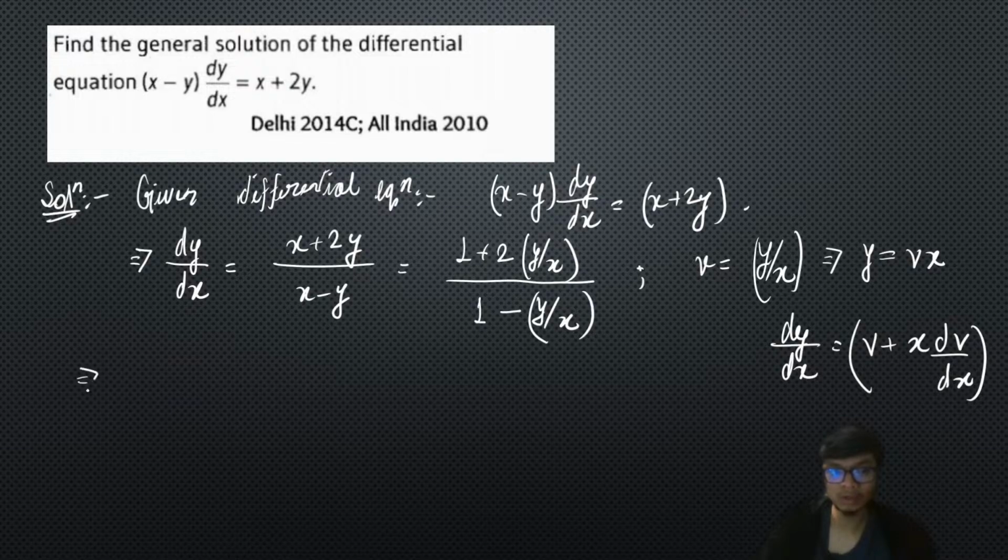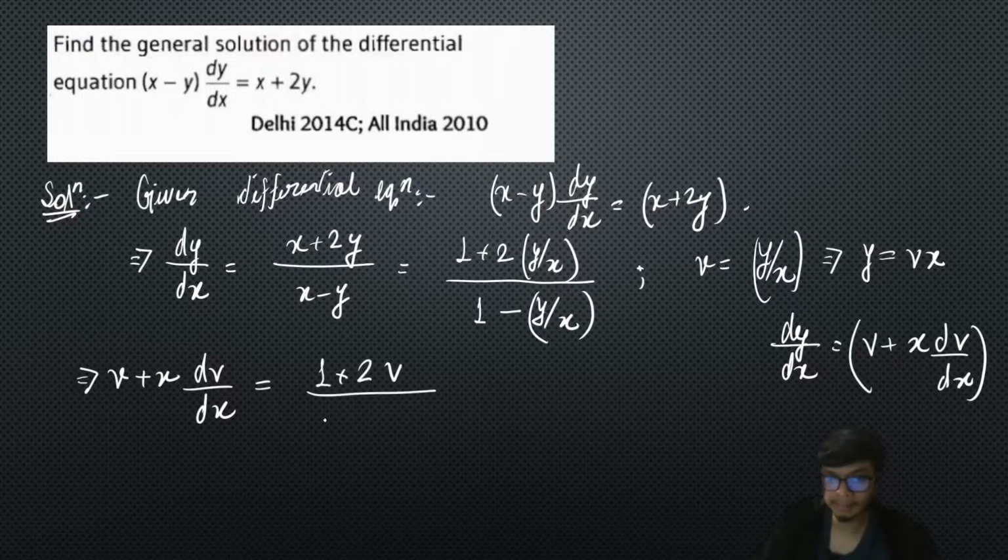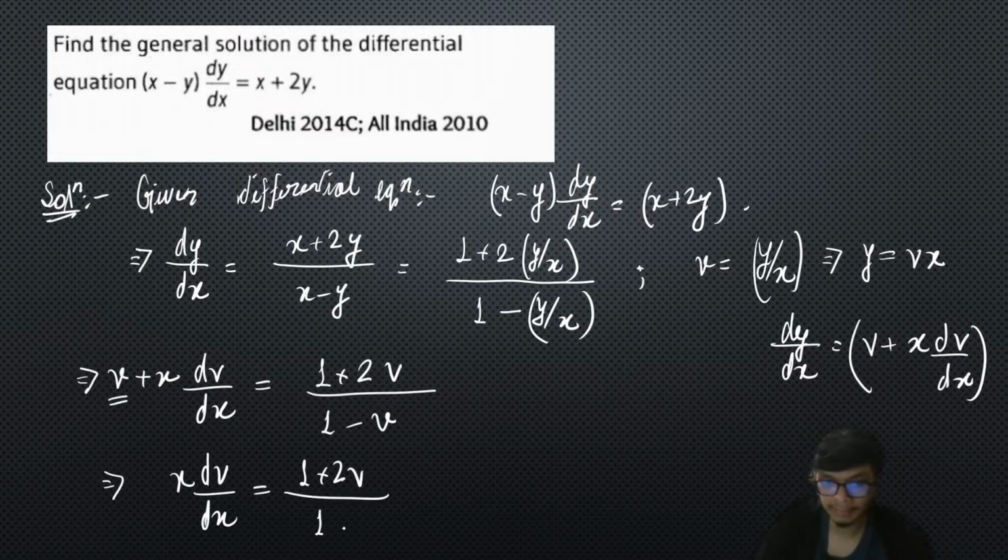So what we see over here is v plus x times dv upon dx equals (1 plus 2v) divided by (1 minus v), right? On further simplifying, you can take v to this side and convert it into variable separable form. So I can write x times dv upon dx equals (1 plus 2v) divided by (1 minus v) minus v.